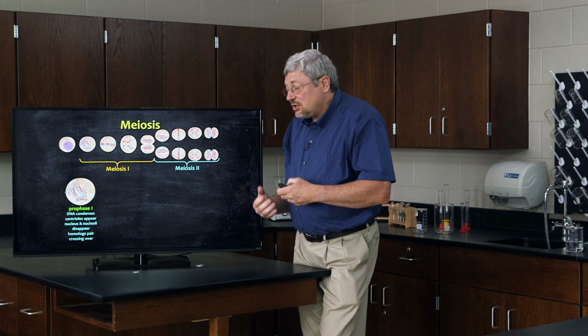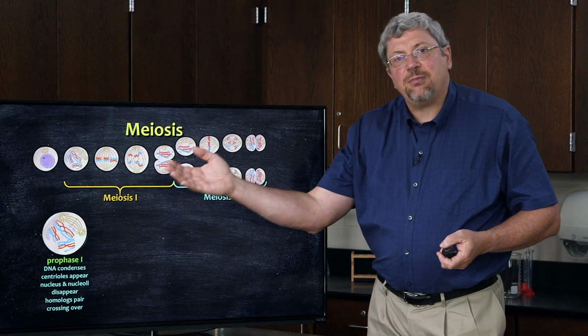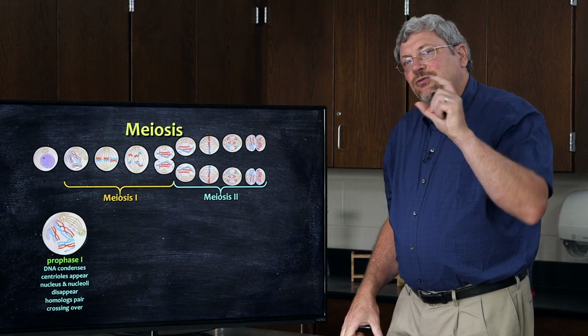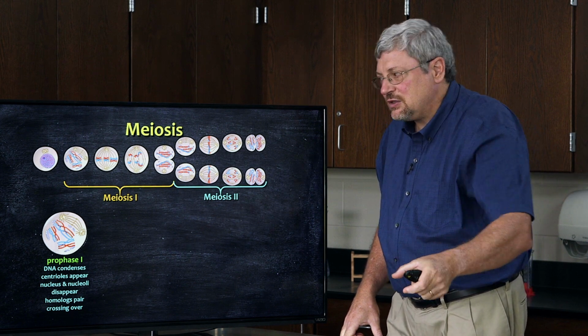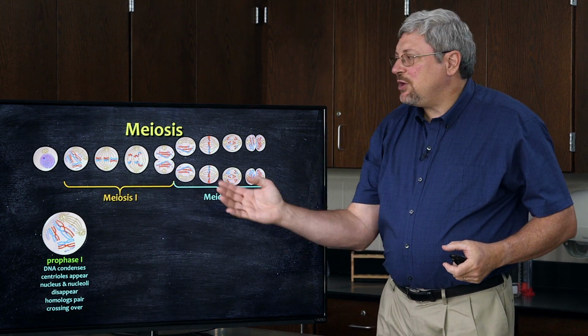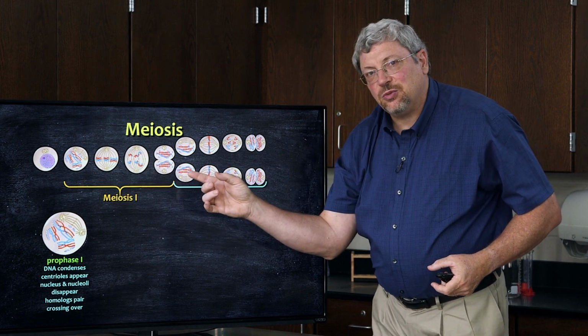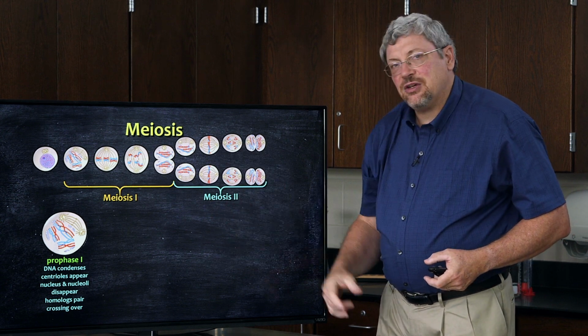First of all, we name the phases of meiosis very similarly to how we name the phases of mitosis. We begin with a prophase, except that if we only said prophase, that would suggest that it's mitosis. We say prophase 1, that indicates that we're in the process of meiosis 1, and we're going to have a prophase 2, that will indicate we're in meiosis 2.